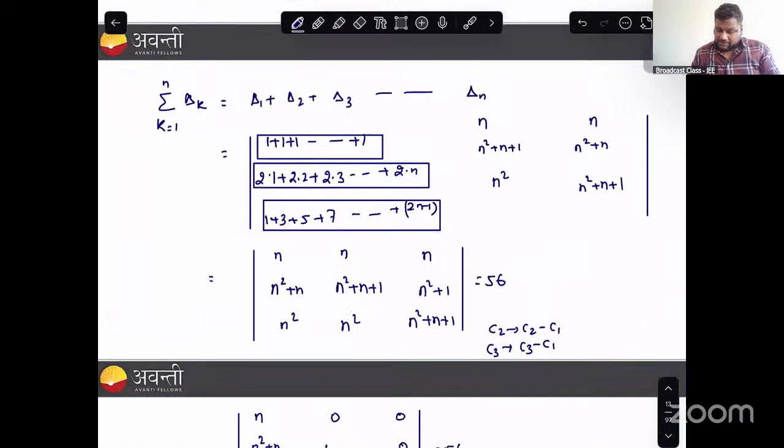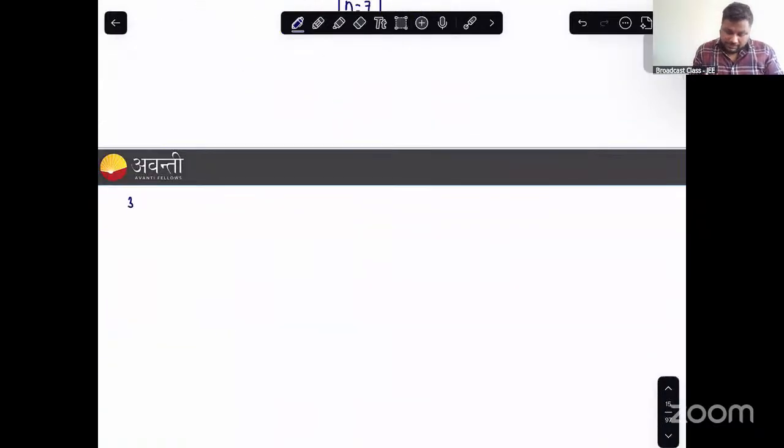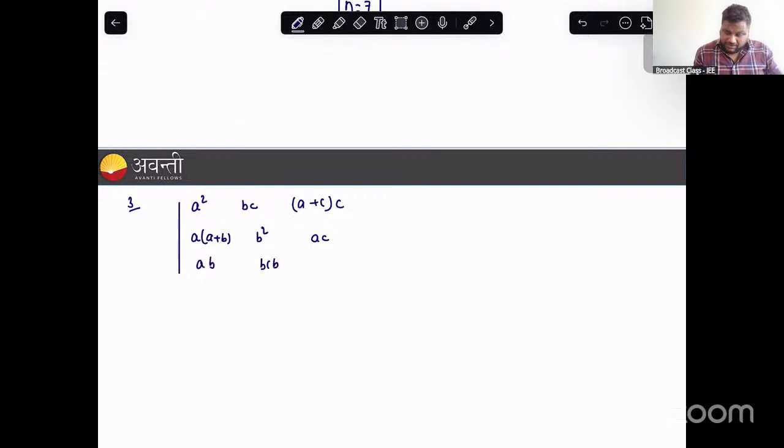This is question number 3. See, the question is the determinant A square, BC, A plus C into C. Then A into A plus B, B square, AC. Then AB, B into B plus C, and C square.